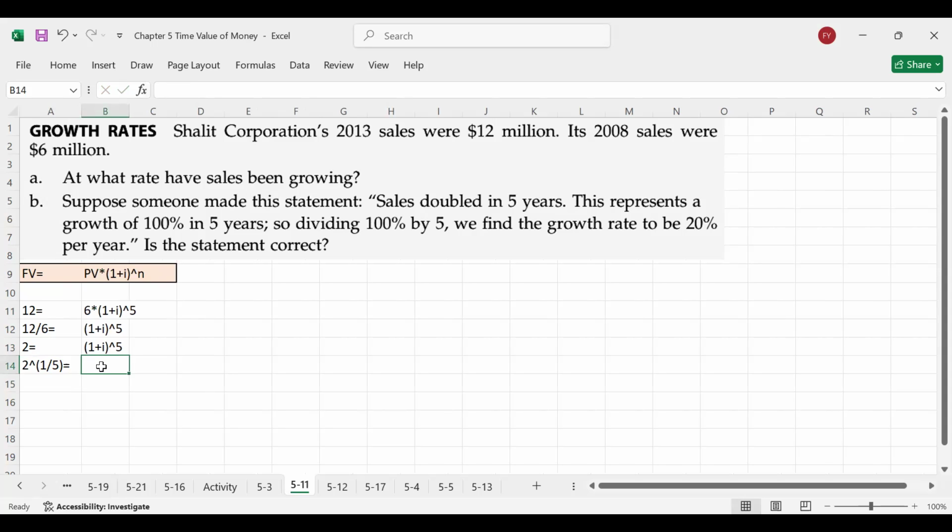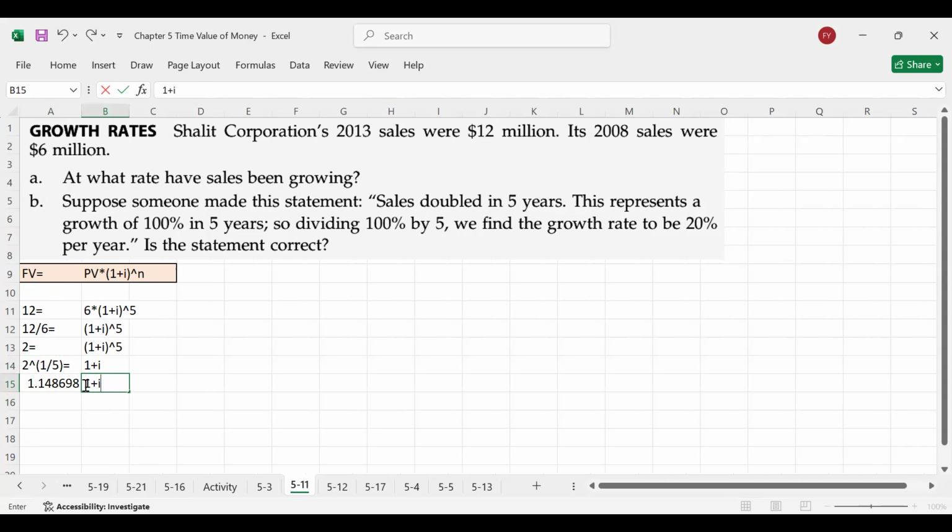So we just have 1 plus I remaining. When we solve this, we get 1.148, whereas we have 1 plus I.